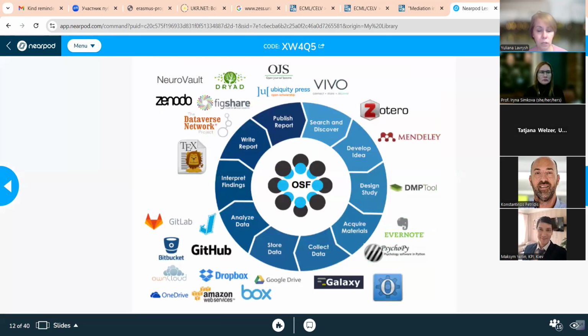Okay, so step by step we're moving to the research life cycle. Open science penetrates or accompanies every step of a scientist. Here you can see the first step, what you do when you enter science and decide to publish something or carry out research. First, you search and discover data, information, resources.